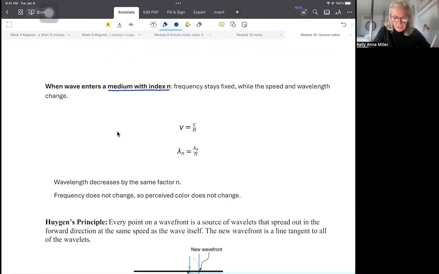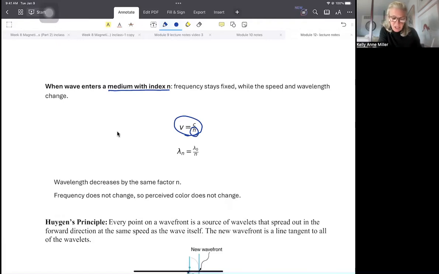Remember, we said the index of refraction is the ratio of the speed of the electromagnetic wave in the material compared to the speed of light. If you want to know how fast a wave is going in some material of index n, you just divide the speed of light by that index n.